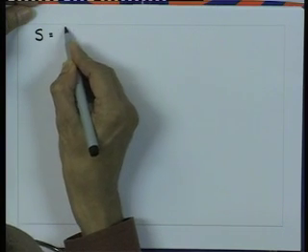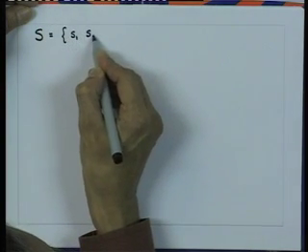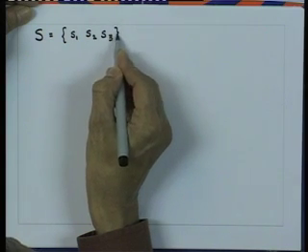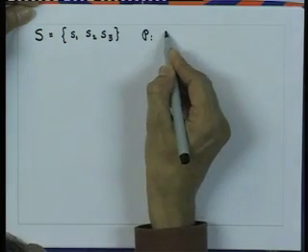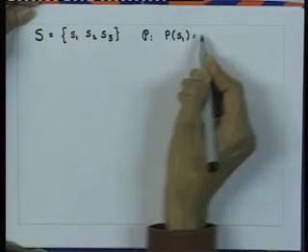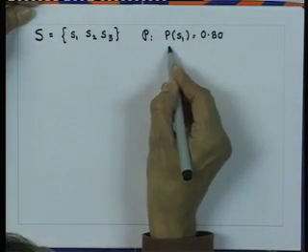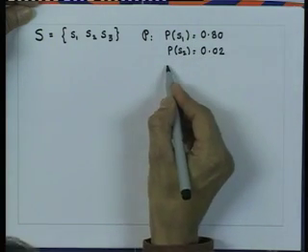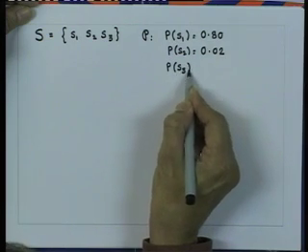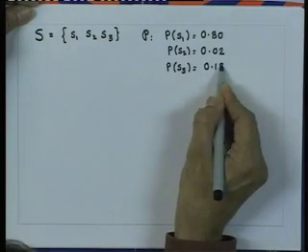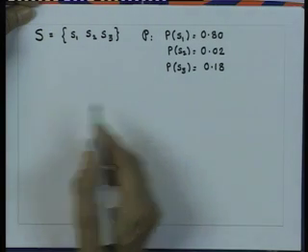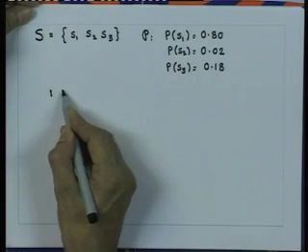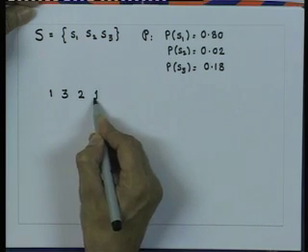Let me assume that I have a source S consisting of 3 symbols with the probability model given as probability of S1 is equal to 0.80, probability of S2 is equal to 0.02, and finally probability of S3 is equal to 0.18. Now we would like to encode the sequence 1, 3, 2, 1.